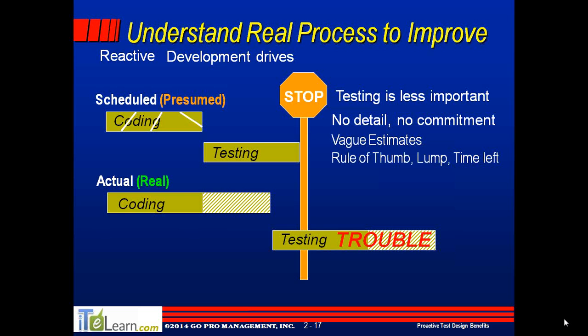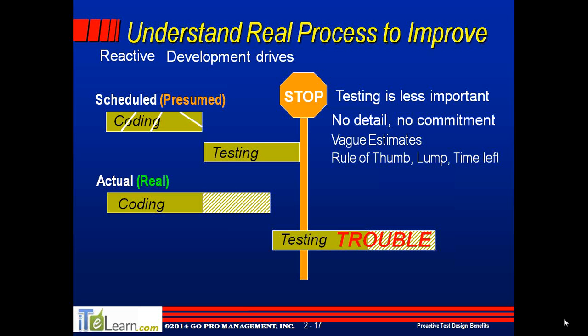Very often, testing is estimated by some kind of a rule of thumb. So if we have 3 modules and each of them is planned for taking a month to code, we might say, well, if it's going to take a month to code, then it should take a month to test. So Module 1, Module 2, Module 3, each of them should take a month to code and a month to test, a total of 6 months. That's a rule of thumb.